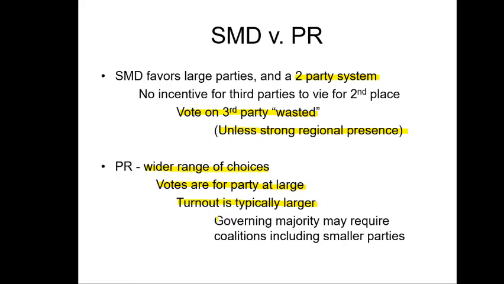Now, a governing majority of the parliament in these systems may require coalitions because, for example, if the predominant party only wins 40% of the vote, and then the next party wins 30% of the vote, and then another party wins 10% of the vote, and so forth, well, in order to have a ruling coalition, the major party may actually have to come together with one or more of the smaller parties in order to have 50% control of that house.